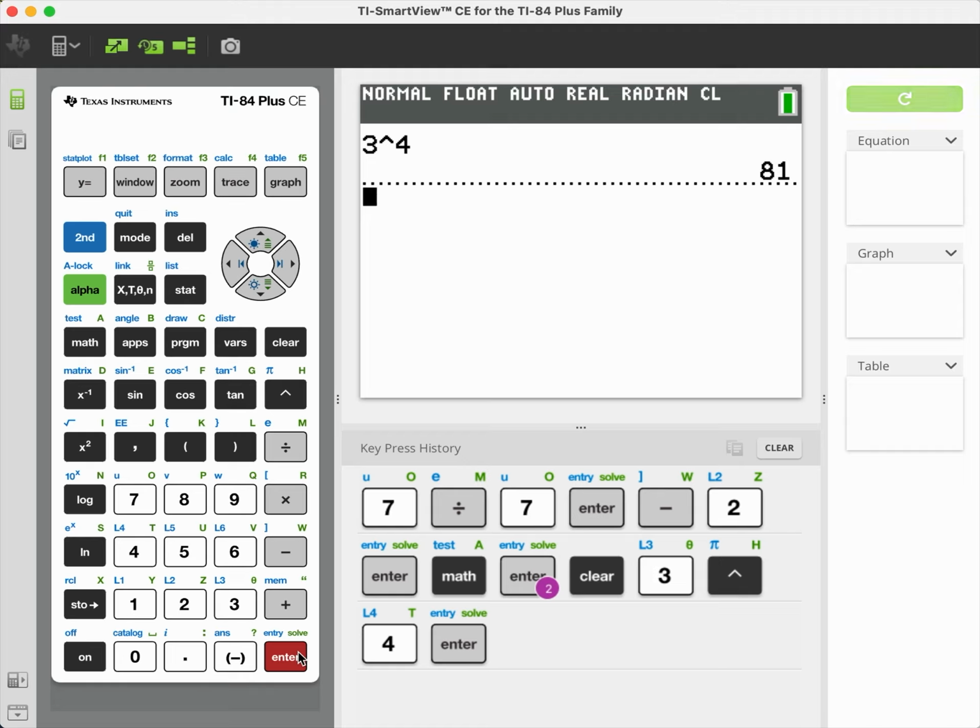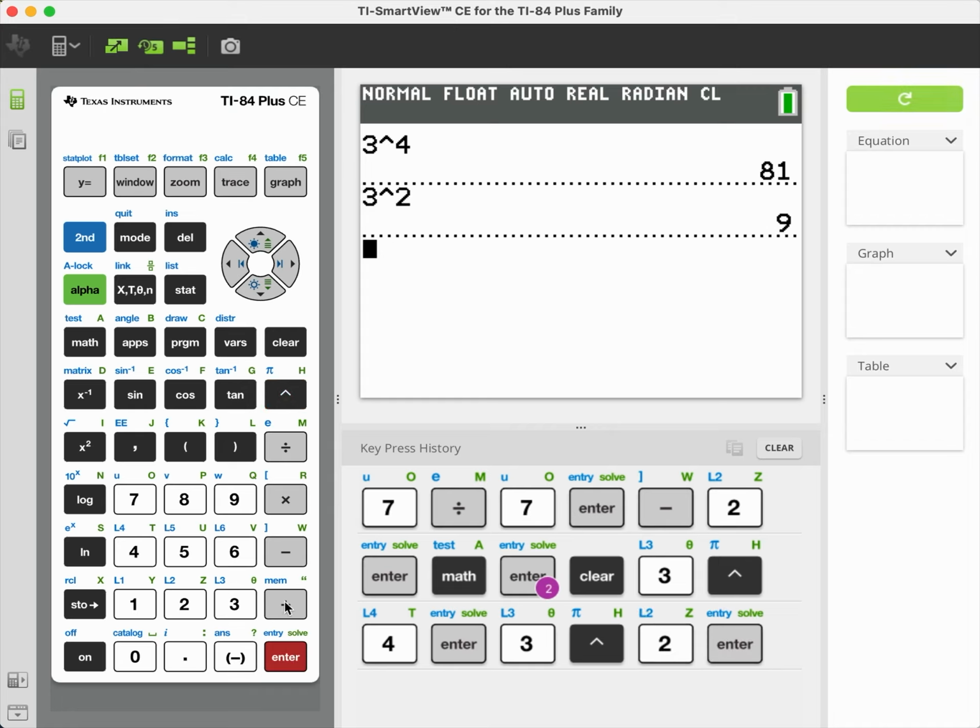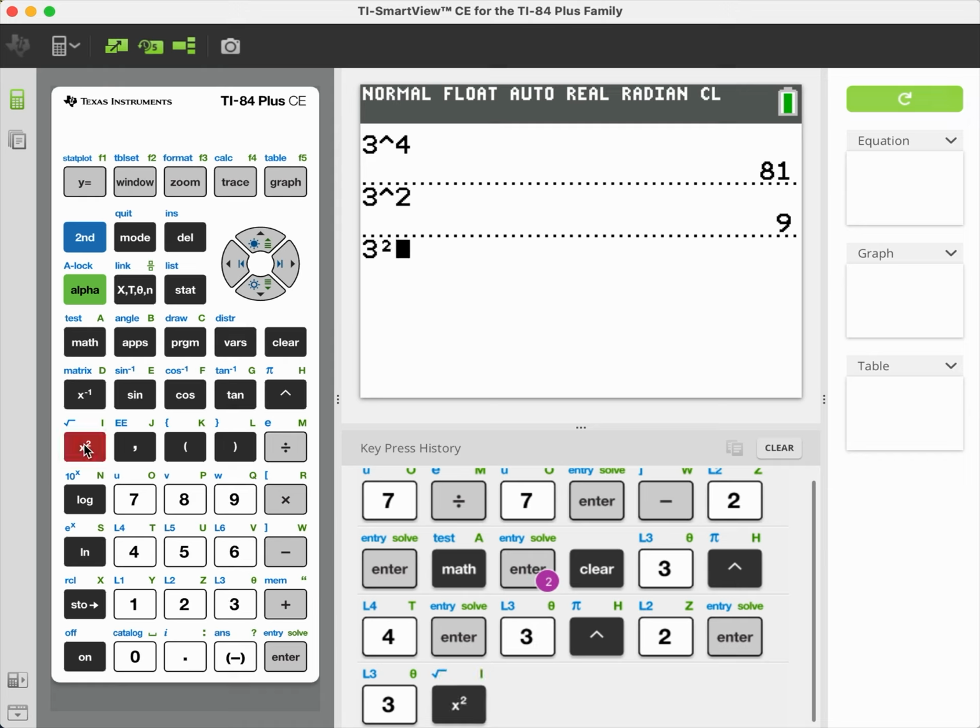That sounds right. Now I can do the squaring the same way. 3 raised to the 2nd power should be 9. But there is a shortcut squaring button, and it's 2 keystrokes less. 3 squared, enter. Well, maybe that's 1 keystroke less, but that squaring button sure is handy.